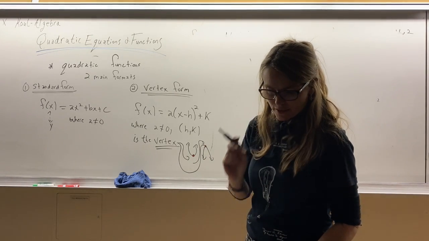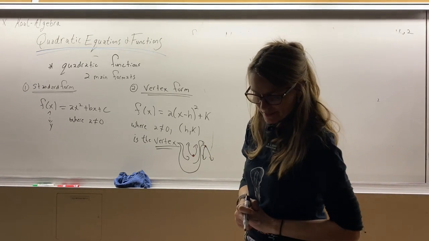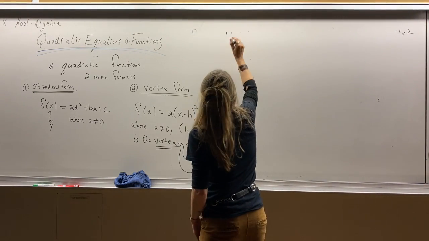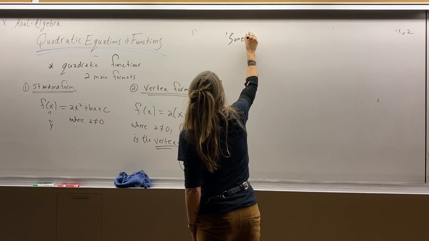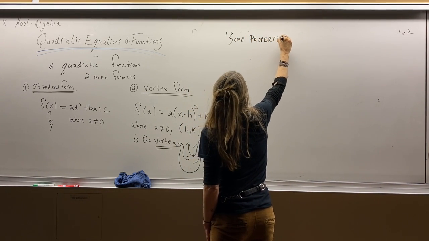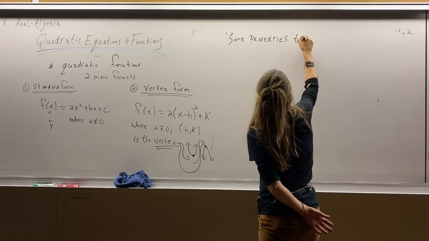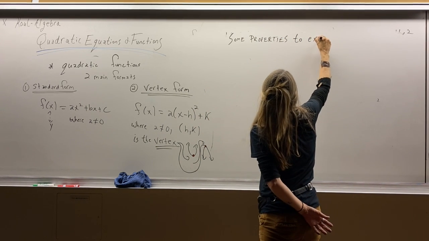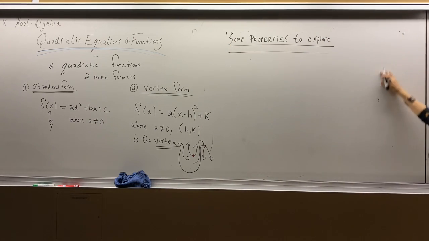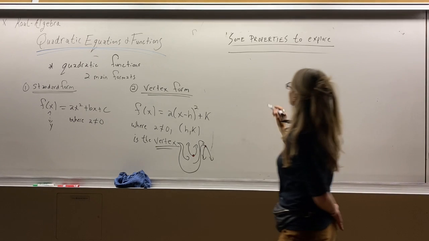And the last thing I want to highlight here are some of the main properties to explore with quadratics, or add to your knowledge template of math, would be domains.